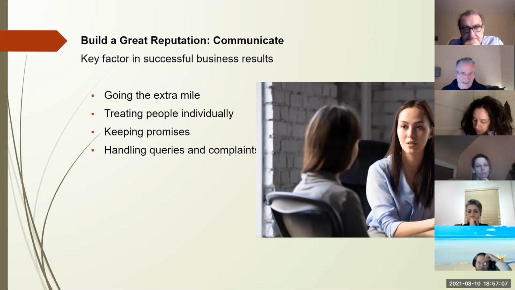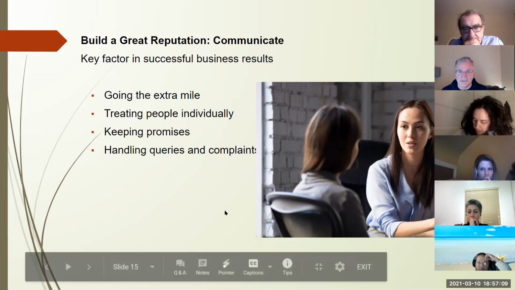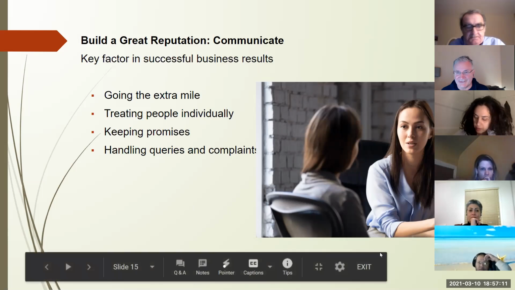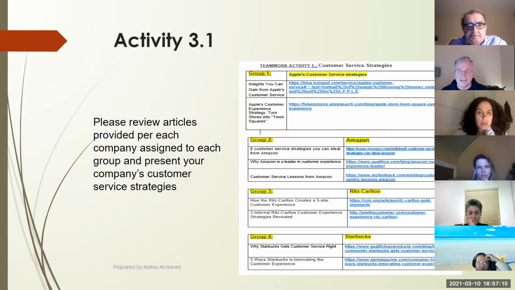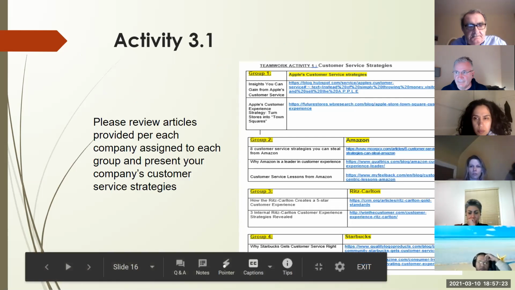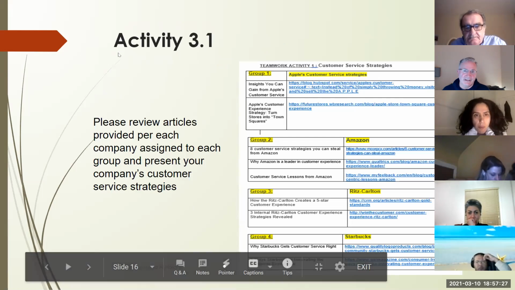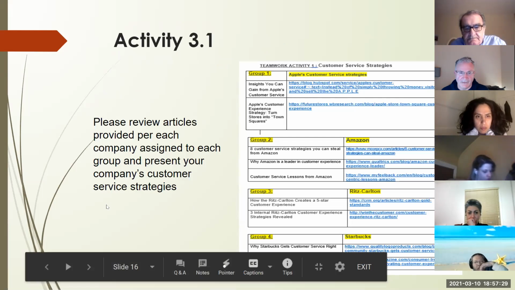All right, so let's keep going. I really want to get all this in, and there's a lot of material here. So I'll skip a couple of slides, and we'll get to this first activity. We won't do the activities now. Once you're in your breakout rooms, you can take a look at them, and we can go through them, right? So one activity that you've got to do is 3.1.